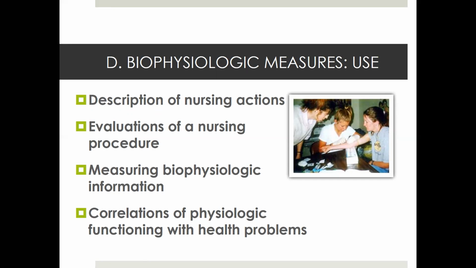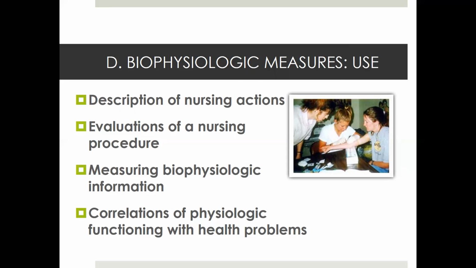Evaluation of a nursing procedure: if you lay someone on their side for a dressing change, is there less pain response than the same dressing change done with the same person in a different position? So we commonly are measuring blood pressure in response to various activities, temperature.